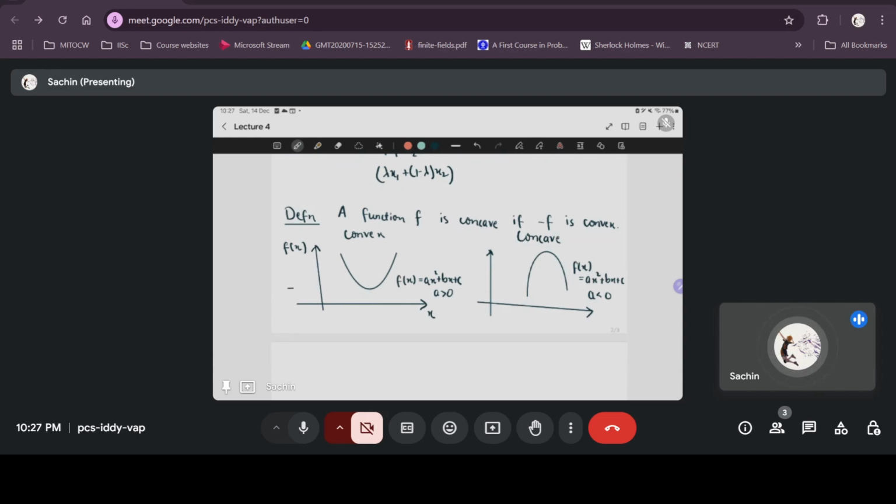Another example for a convex function is f of x equals e power x. And for a concave function, you could have f of x is equal to log x for all x greater than 0.